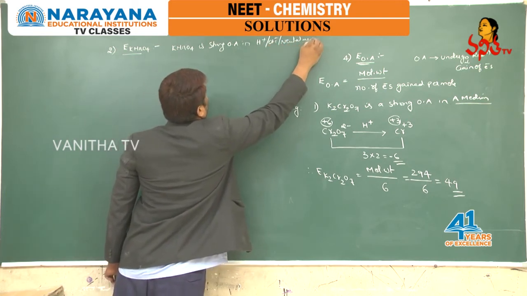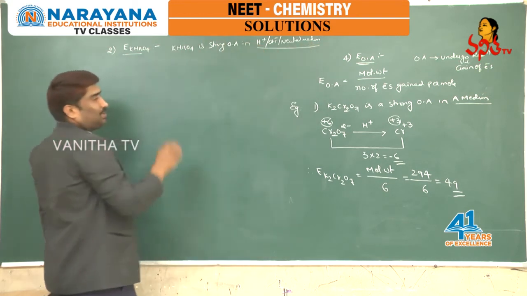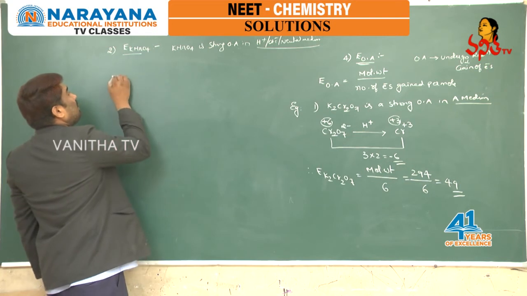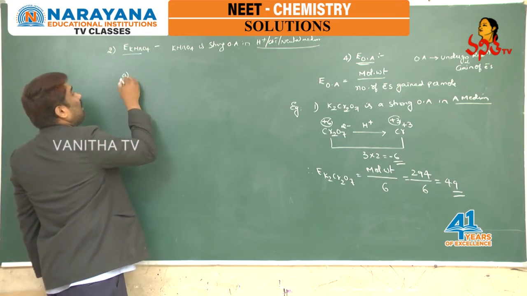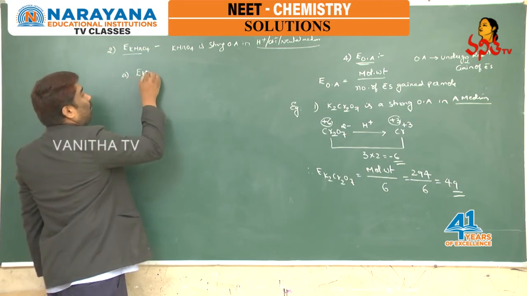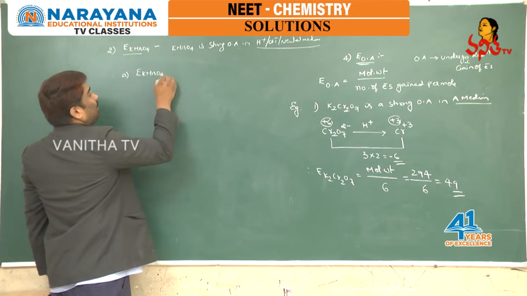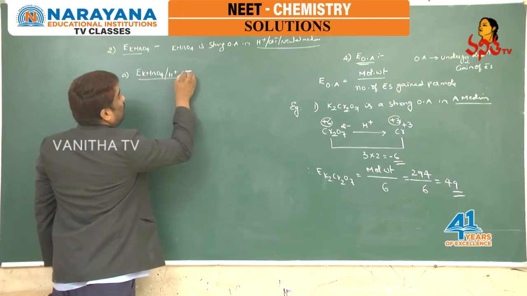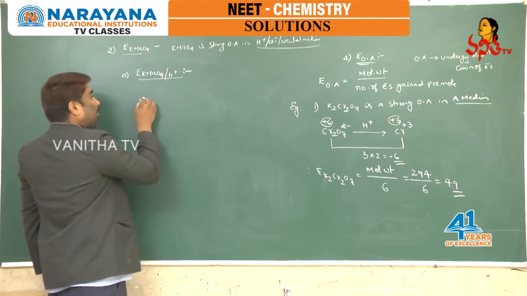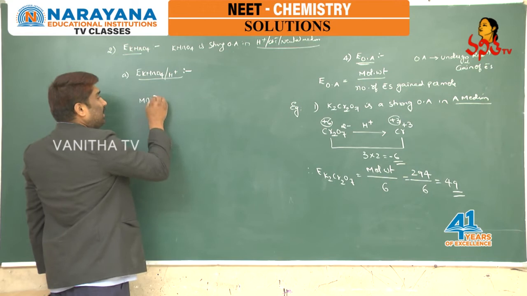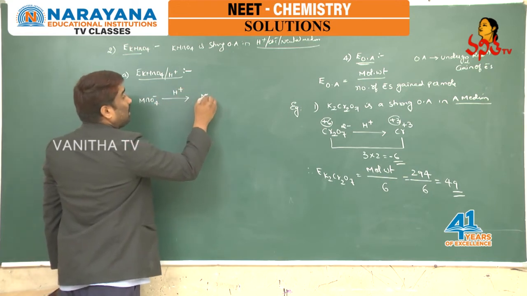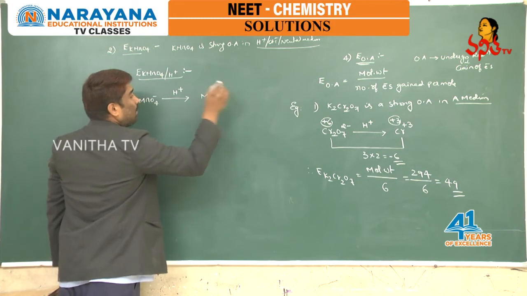So it is a powerful oxidizing agent in all three mediums: acidic, basic, and neutral. So let us calculate A, the equivalent weight of KMnO4 in acidic medium. You have to remember that permanganate ion in acidic medium is always reduced to Mn 2 plus.